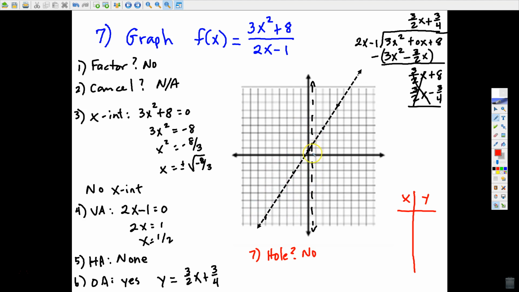Sometimes the graph can cross over an oblique asymptote, but I'm just going to test -1 just to get an idea of where the graph is going to be. Is it going to be up here in this region, or down here? So I'm going to test -1 into the original function, and let's see what comes out. I can just erase this to give myself a little bit more room.